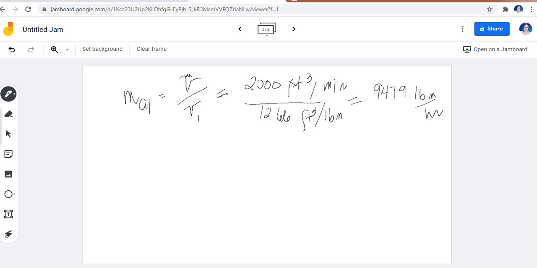Now if we need to determine the load of the heating coil, that would be the mass flow rate of this air times the change in enthalpy, H2 minus H1.